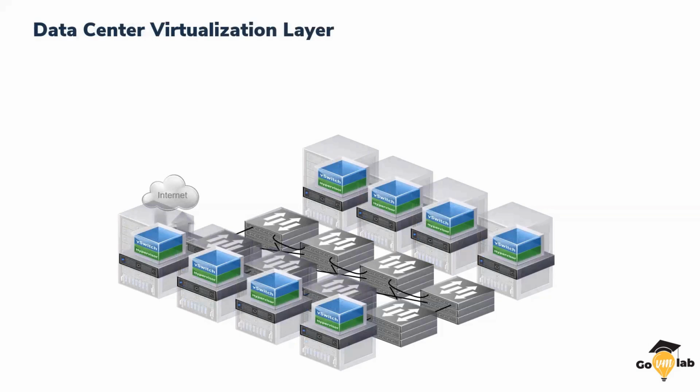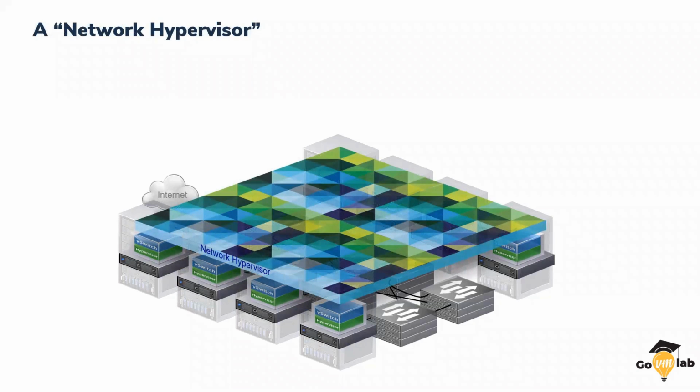We consolidated these racks of servers, or hundreds of servers, into a few servers with the help of the ESXi hypervisor provided by VMware. We had virtualized our physical servers into virtual machines and got the consolidation of our physical servers. But what does this new layer, the network virtualization platform, or so-called network hypervisor, do?